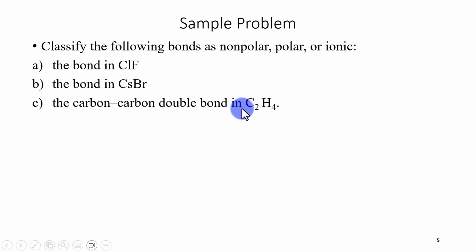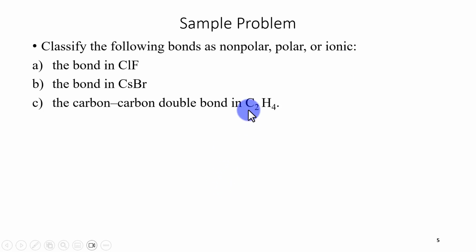If I were to draw the Lewis dot structure of this molecule, I would have a carbon double bonded to another carbon, and each carbon is single bonded to 2 hydrogen atoms. And the question wants me to figure out the carbon-carbon double bond, to classify it as nonpolar, polar, or ionic.